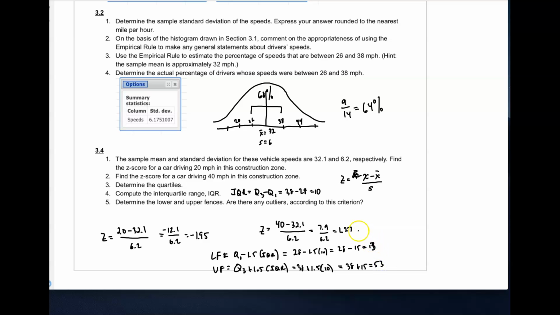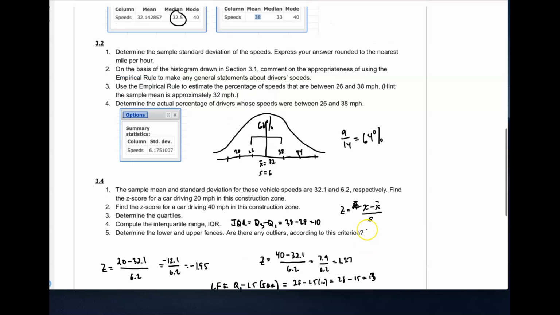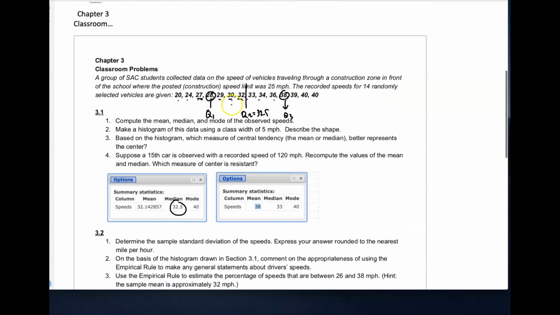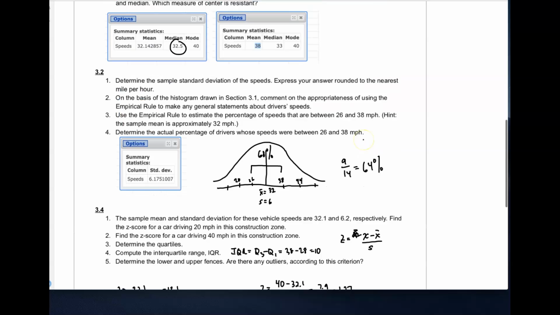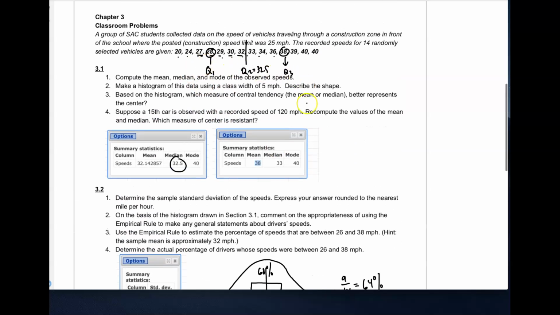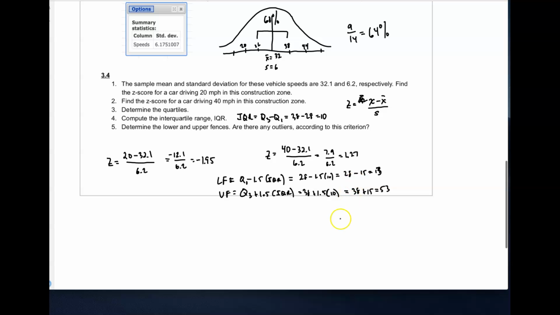Now if there are any values lower than 13 or higher than 53, which there are none, because none of these values are lower than 13 or higher than 53, we have no outliers because of those fences, right? Those fences have no numbers outside of them.